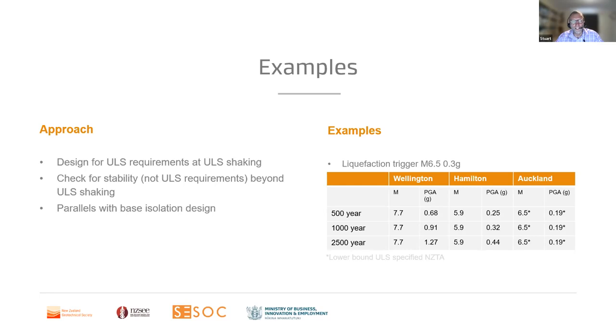And it is a check, so it's not looking at ULS requirements at a higher level of shaking. So the ULS requirement is a low probability of instability, and we achieve that by using strength reduction factors. So in your stability check, you may well decide to use a strength reduction factor of unity because it's expected behavior that you're interested in rather than a low probability.